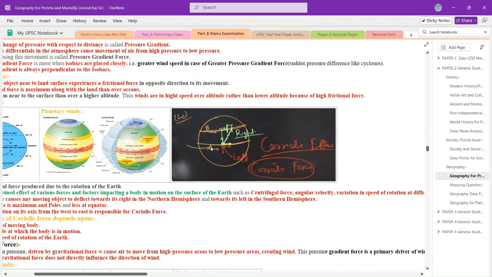Anybody at point A has more linear velocity, because he or she has to cover a very large distance compared to anybody at B, who has to cover much less distance. This boy has to cover that much distance. So definitely A has a very high linear velocity compared to that of B.